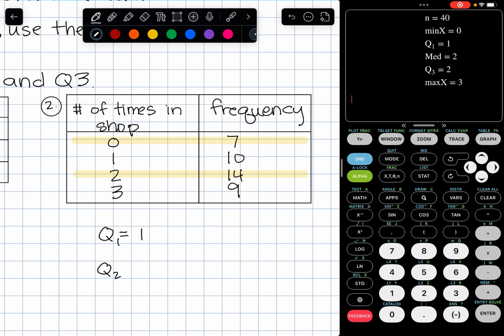My second quartile, or my median, is at 2. And my third quartile is at 2. I have so many data values in this region, particularly at 2, that both my second quartile and my third are both at 2. And that's okay. Sometimes that will happen when you have lots of repeated values in a data set.